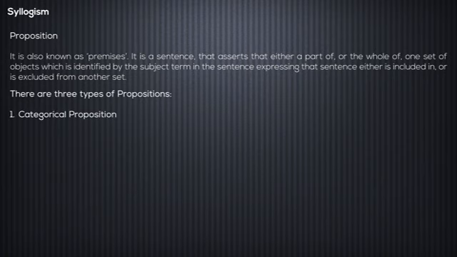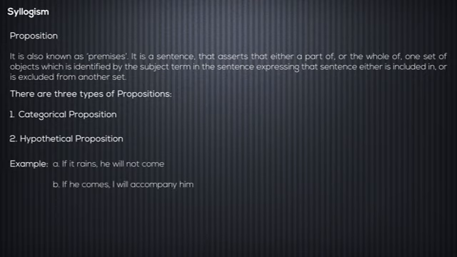Categorical proposition. There is a relationship between the subject and the predicate without any condition. Example: all beams are logs, no rod is stick. Hypothetical proposition. There is a relationship between subject and predicate which is asserted conditionally.